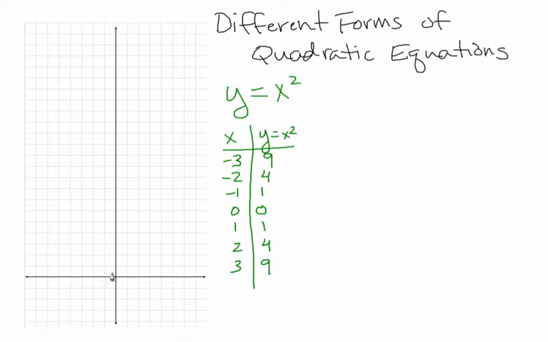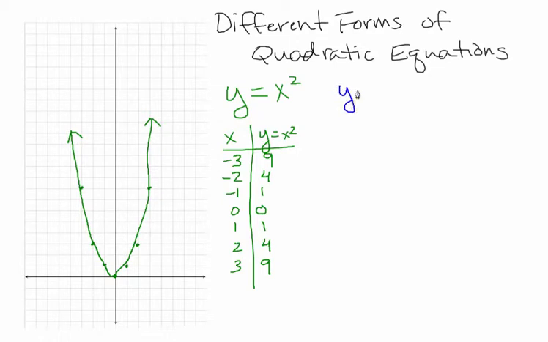So we have points at 0, 0, 1, 1, 2, 4, and then 3, 9, as well as on the other side, one at -3, 9, -2, 4, and -1, 1. So our original y equals x squared graph is a parabola that opens up and has what we call a vertex at 0, 0.